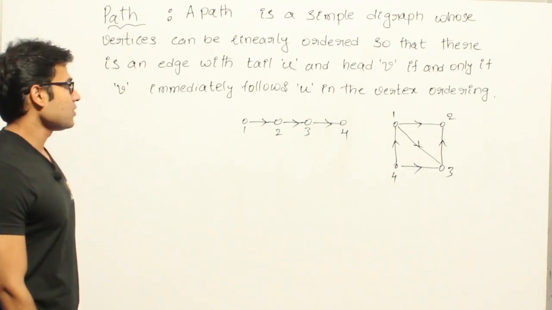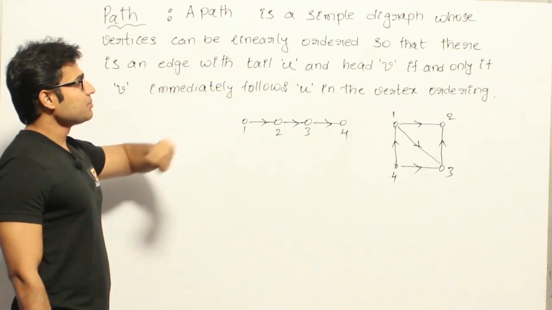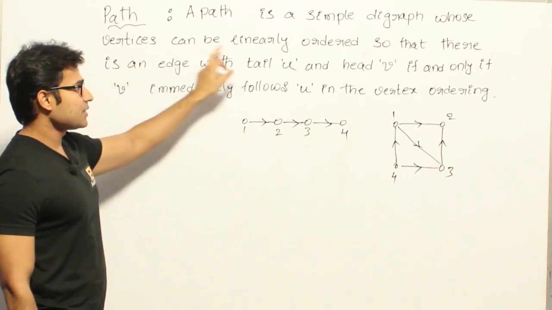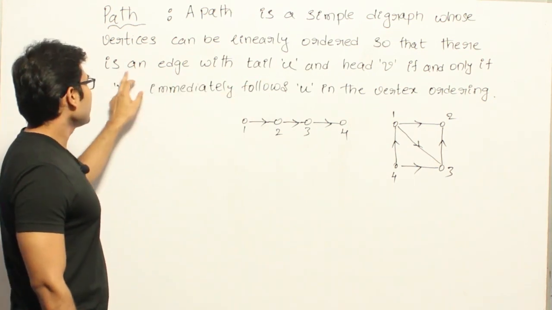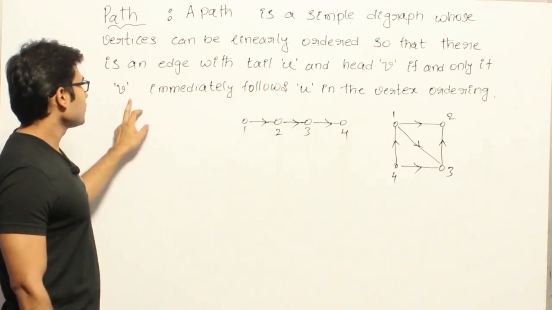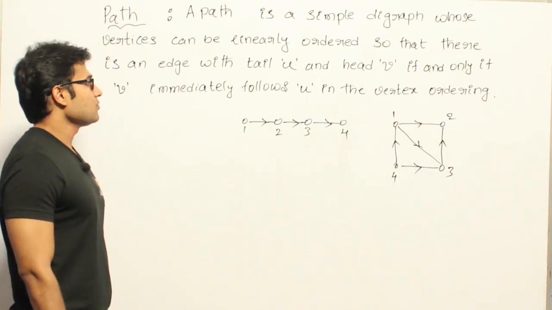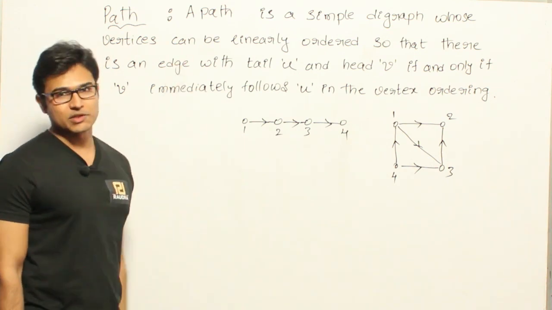Now let's see the definition of a path in case of directed graphs. A path is a simple digraph whose vertices can be linearly ordered so that there is an edge with tail U and head V if and only if V immediately follows U in the vertex ordering. This is the textbook definition.